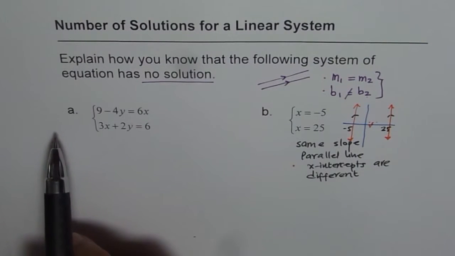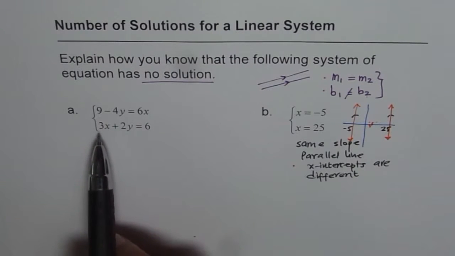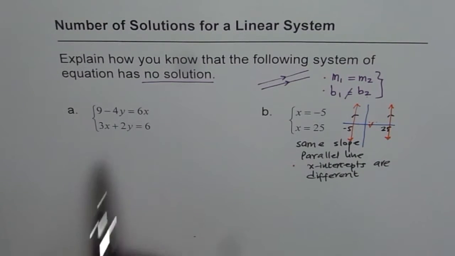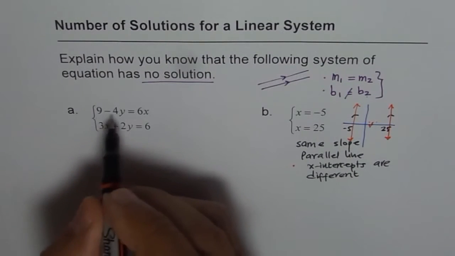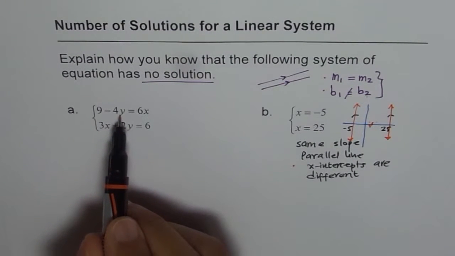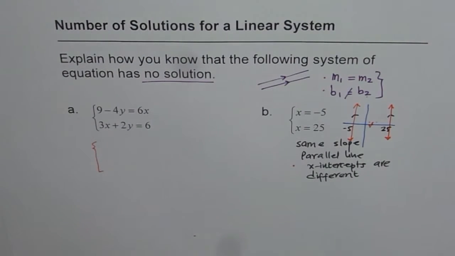Now coming back to A: 9 minus 4y equals 6x and 3x plus 2y equals 6. We could do it in two ways. One, you could write these equations in slope-intercept form, that means rewriting these equations in terms of y. Let's rearrange and write it down.